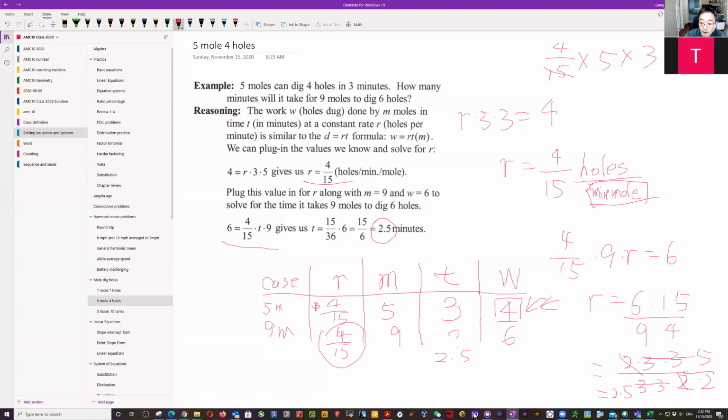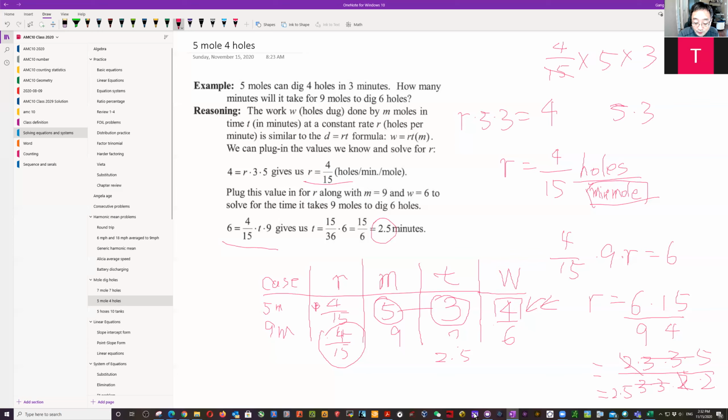So basically, if we cancel, so this is the rate, and this is the mole, and so basically it is 5 mole take 3 minutes.